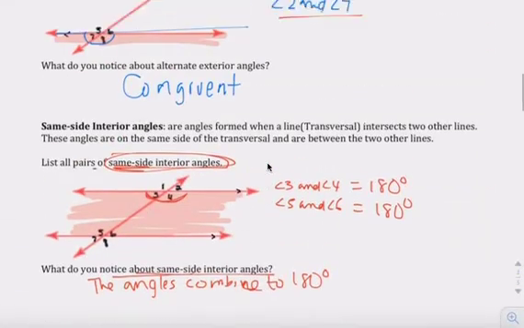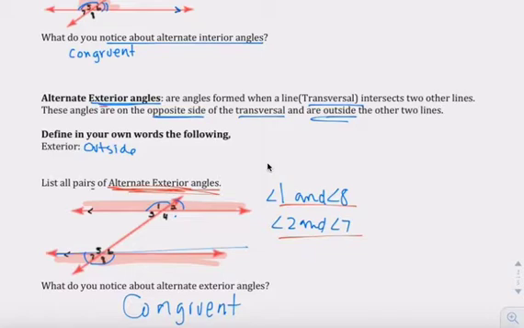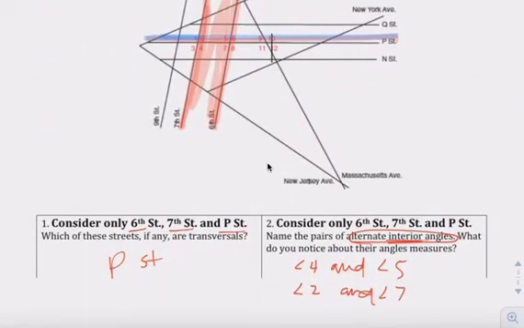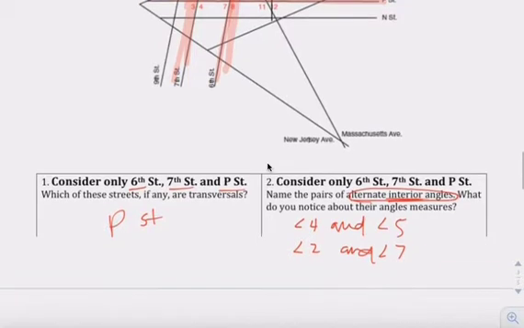Alternate exterior angles are the outsides, you see? 1 and 8. Exterior are these. Oops, I need the transversal line right here. So 1 and 8, 3 and 6.